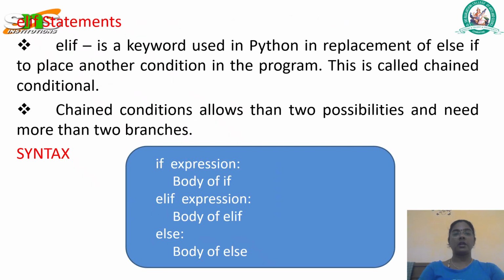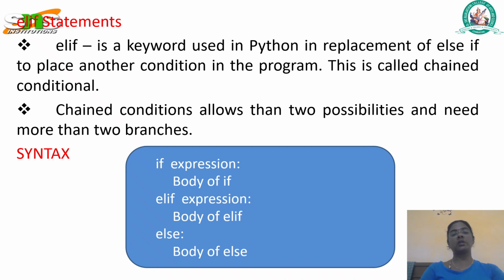Elif is the keyword we use in Python, but in other programming languages we use else space if. We can use any number of else if statements to have chained conditions.